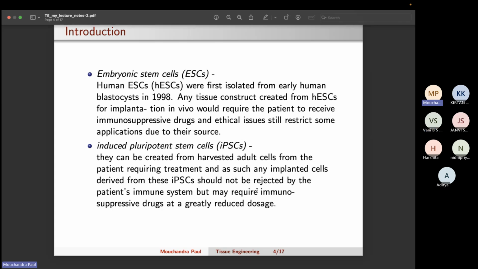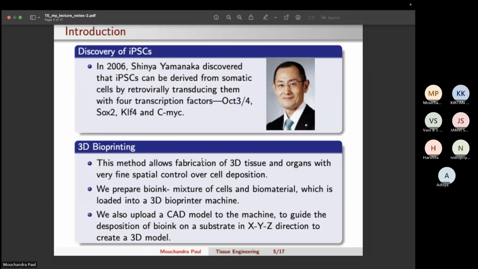But the amount of immunosuppressive drugs needed to reduce that immune attack is relatively less. So in this way, the use of induced pluripotent stem cells is beneficial in some cases when we compare with embryonic stem cells.